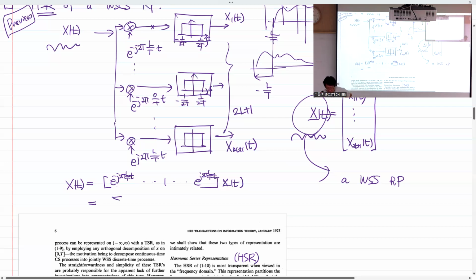So here we have l equals 1 to 2L plus 1, e to the negative j 2 pi, 2L, sorry about that, minus L if I remember correctly.